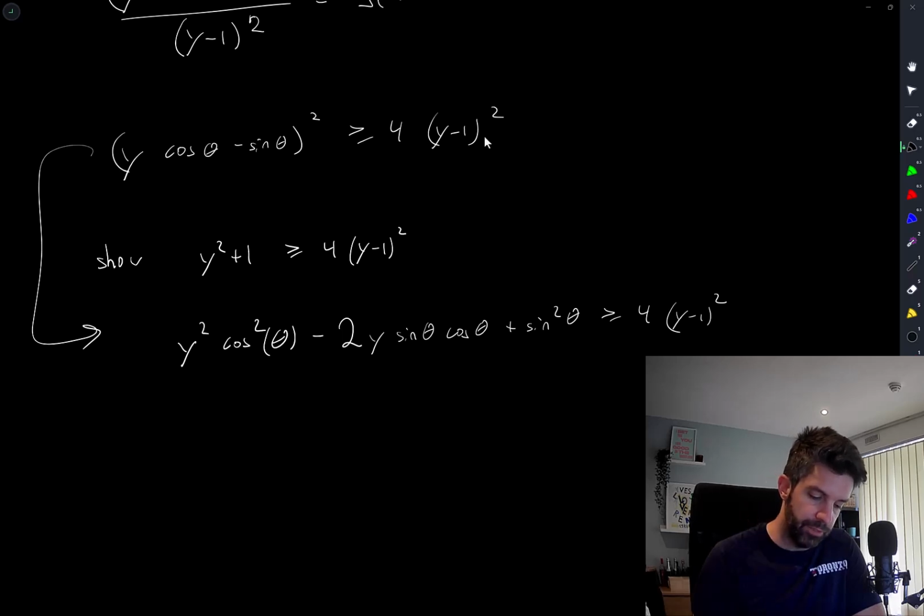You know, if I just replace cosine squared and sine squared with 1, then the left-hand side only gets bigger. But the 2y times sine theta cos theta, I mean, that could be negative.